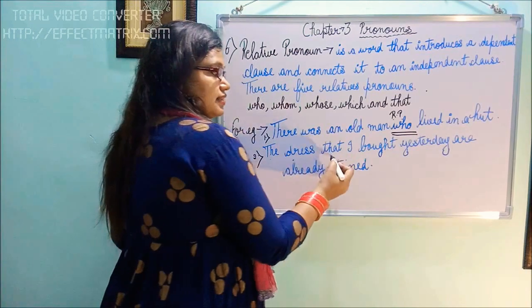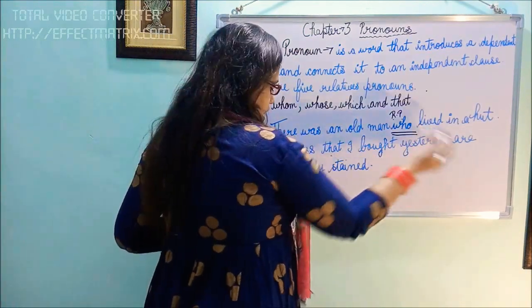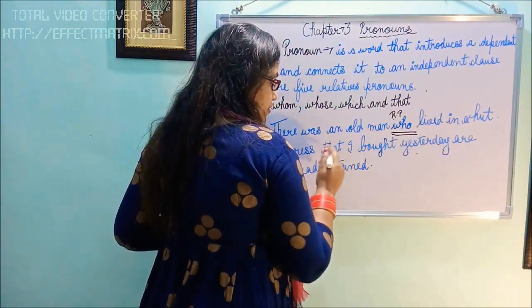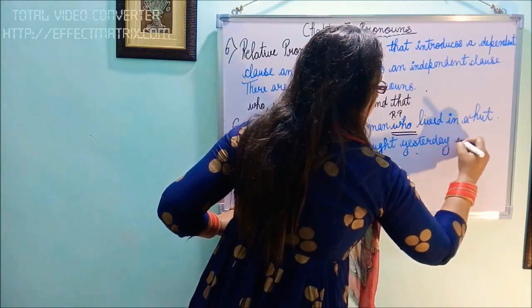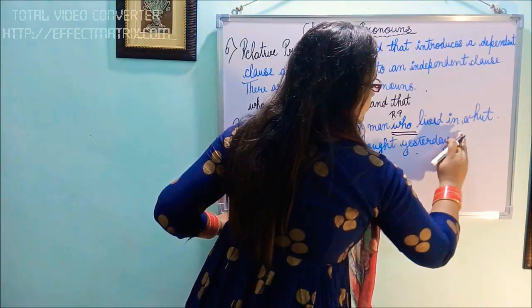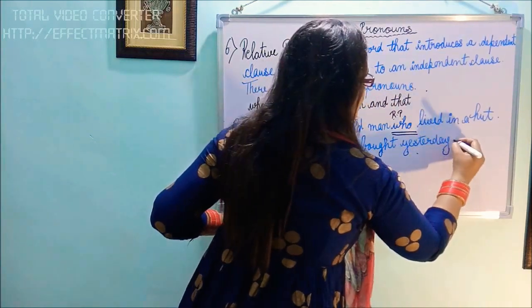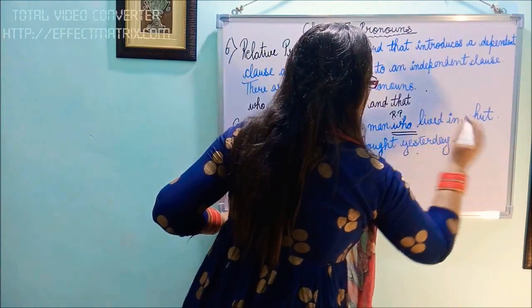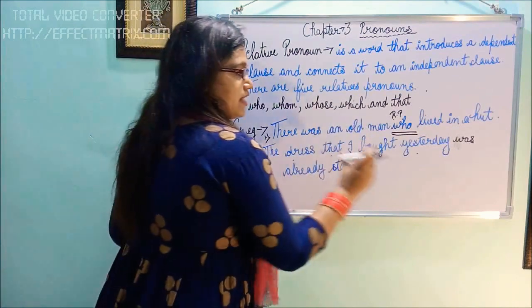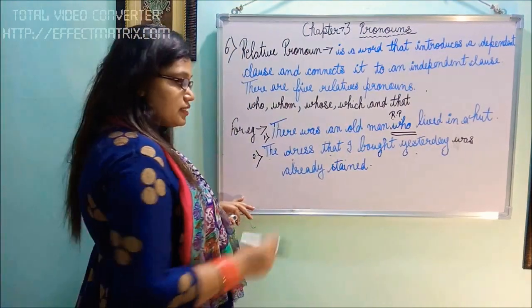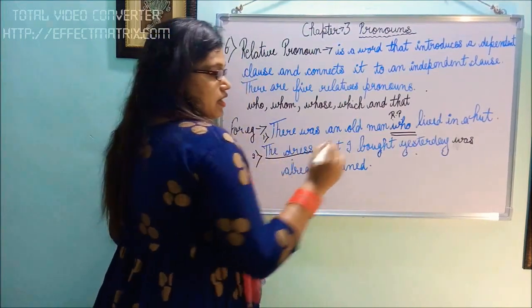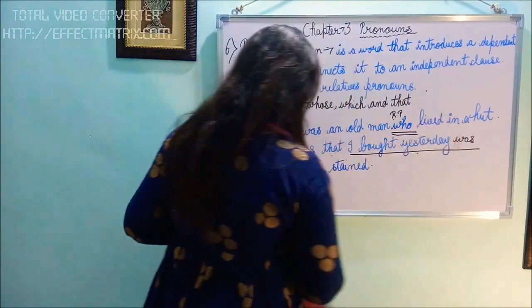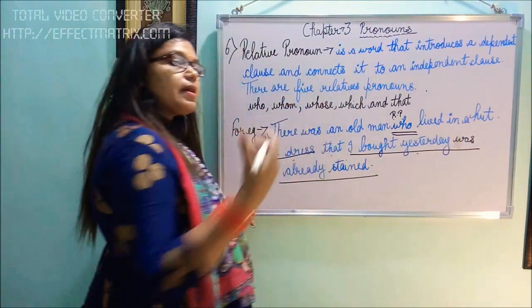The dress that I bought yesterday, or the dress which I bought yesterday, was already stained. That means the dress is a separate one. I bought yesterday was already stained is a separate one.